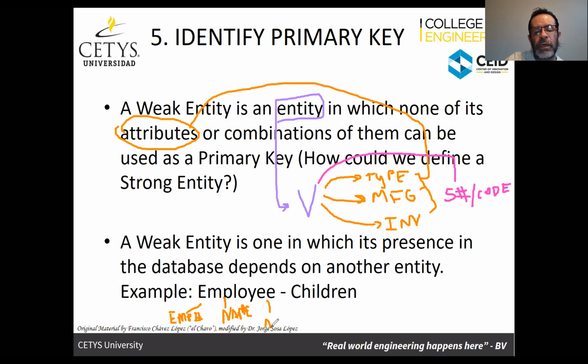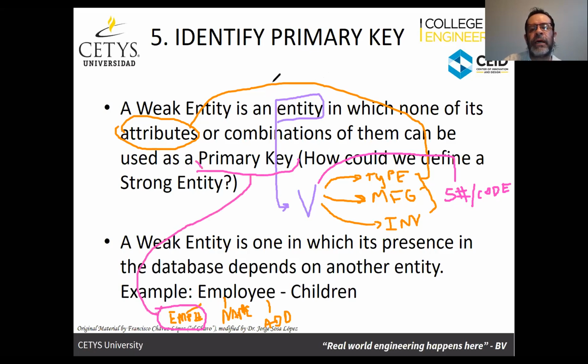And let's say that another one is my address. What would be the primary key there? My employee number. This is the primary key. Okay.